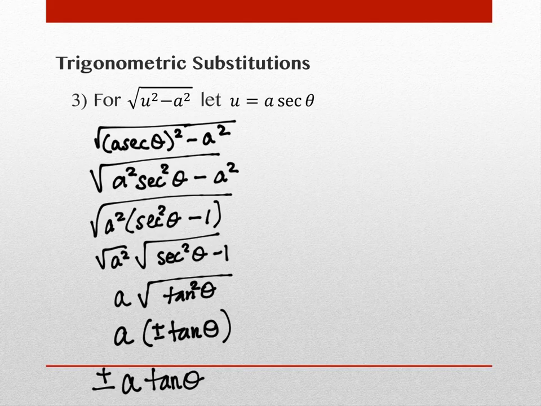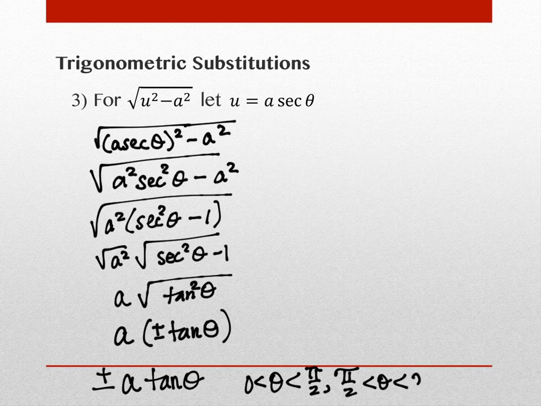Try not to worry about which one it is, because it will solve itself very quickly. The angle here is between 0 and pi over 2, and then between pi over 2 and pi.